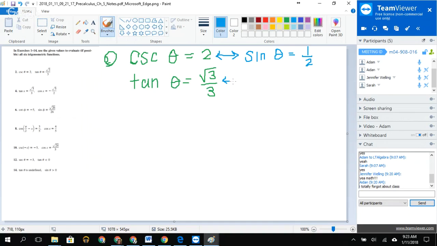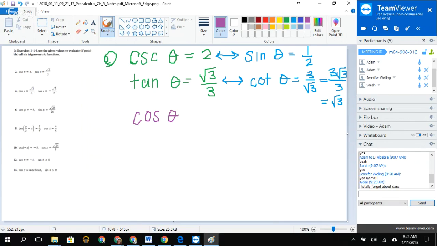We have that the tangent of theta equals the square root of 3 over 3, so the cotangent of theta is 3 over the square root of 3. But we don't like to write square roots in the denominator, so we would write this as 3 square root of 3 over 3, or just square root of 3. So the cotangent of theta is the square root of 3. Then our last two are our cosine.